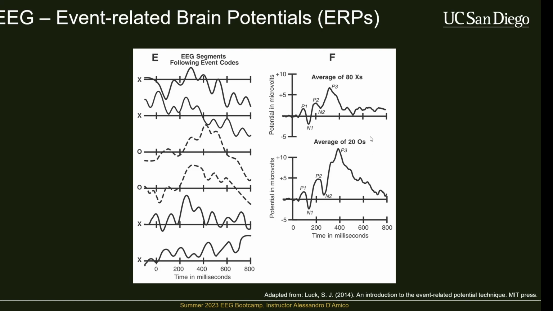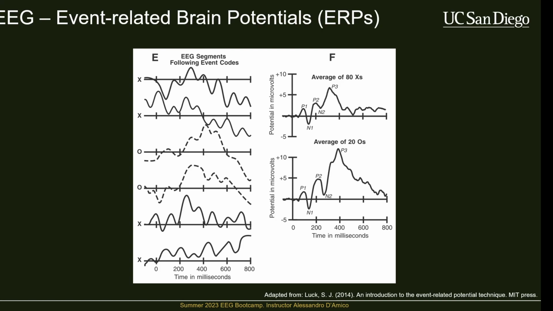And it turns out that the P3 is actually affected by the rarity of the stimuli. So the X's are pretty common and they're getting a bit of a P3, but it's not that pronounced. But on the rare stimulus, we're getting a really, really big response. And so, as an experimenter, you might see this and say, huh, I wonder what properties affect this shape.